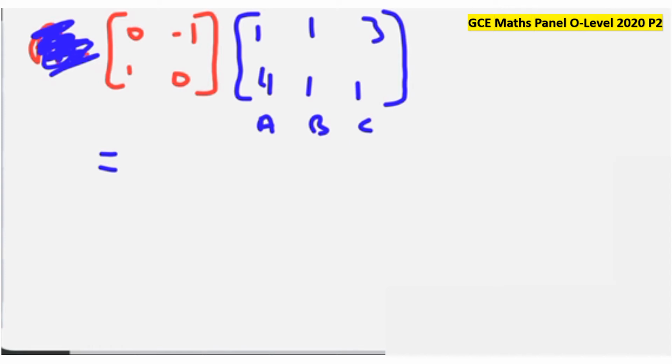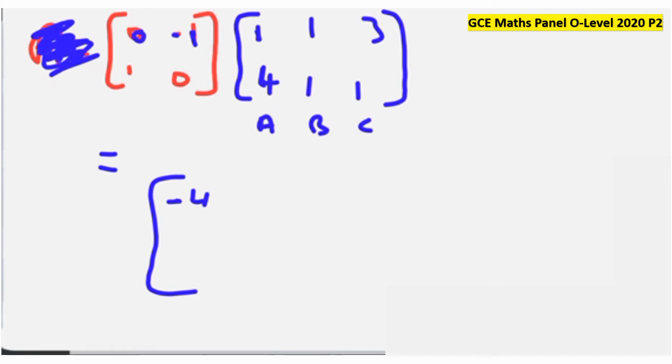When you do the multiplication of this matrix, we have this first row times the first column. That will give us 0 times 1, that is this 0 here, times 1, giving us 0, plus minus 1 times 4, giving minus 4 here.